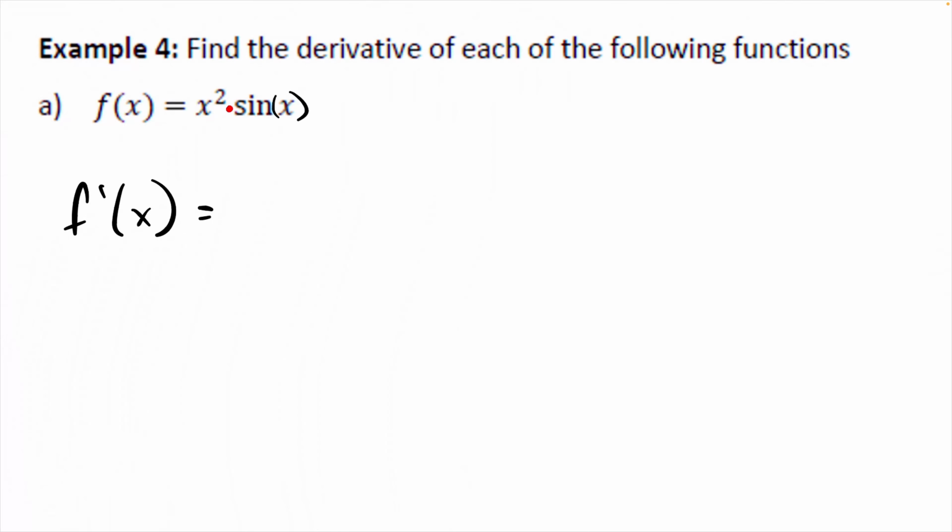Product rule says, first times the derivative of the second. What's the derivative of sine? Cosine. Plus the reverse. The second times the derivative of the first. What's the derivative of x squared? 2x.